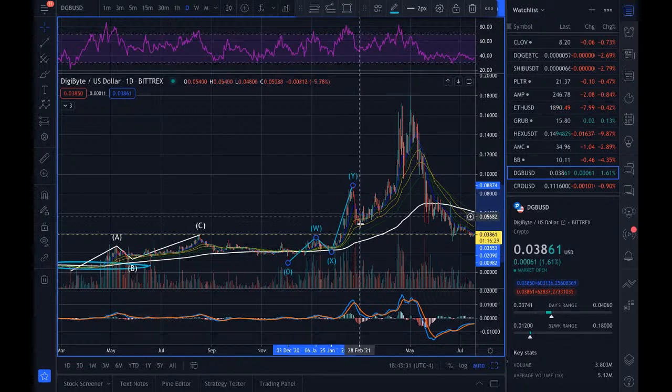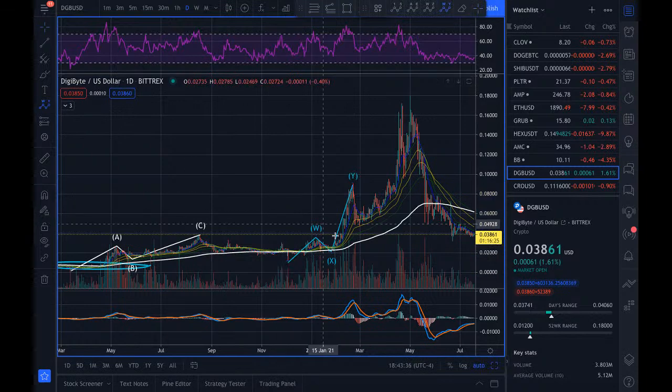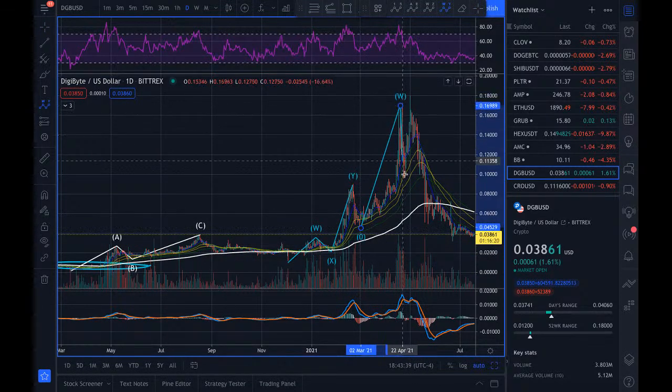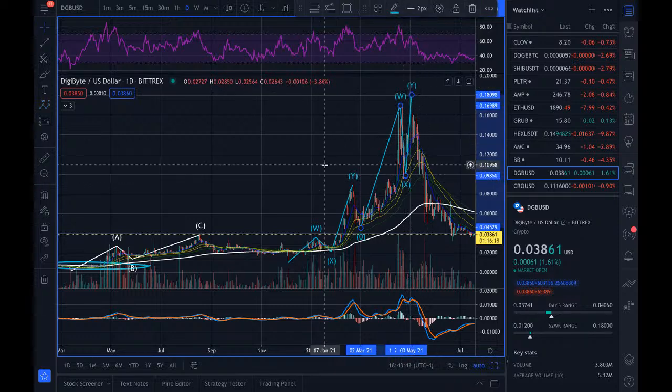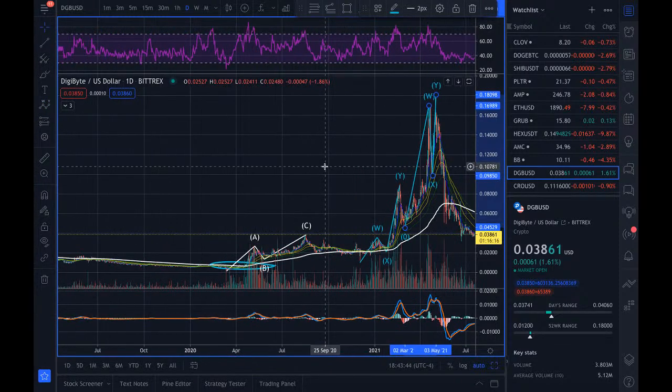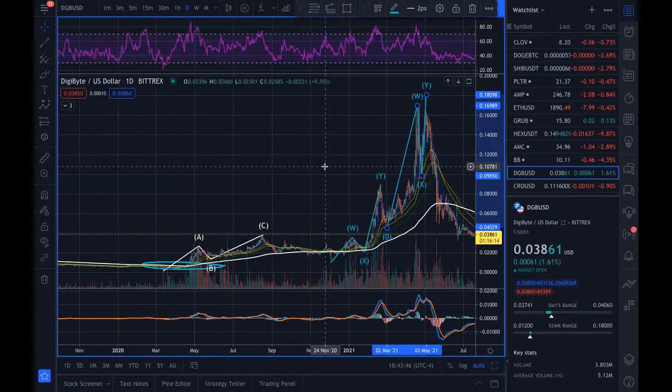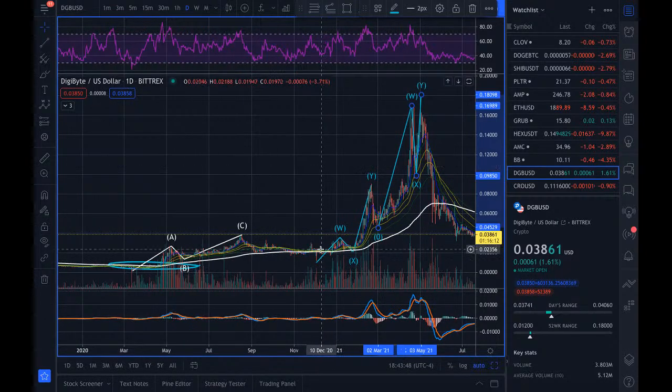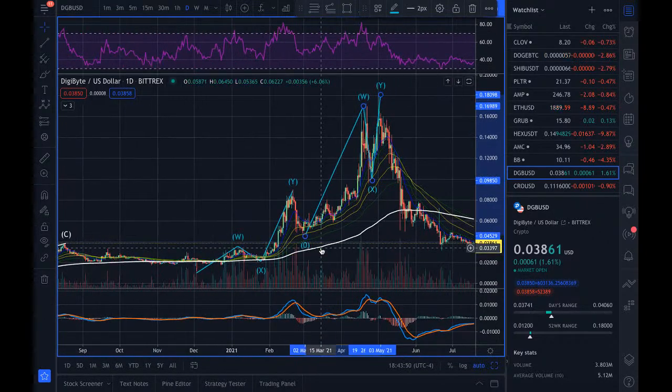Was this 4, 5? That's not proportionate. Looks more like this is making waves of 3. At first this looked like 1, 2, 3, 4, 5.